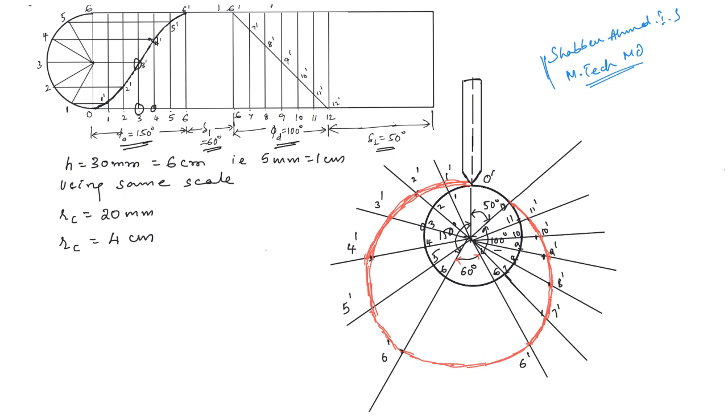Again, you practice this on your drawing sheet using a mini drafter. Mark these points and then smoothly join them, and that will give you the profile of the cam for the required motion of the follower. Okay, so this is the procedure of drawing the cam profile.